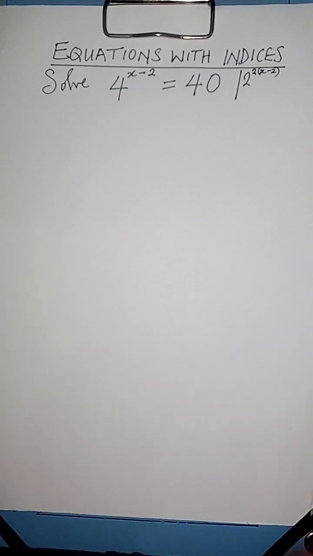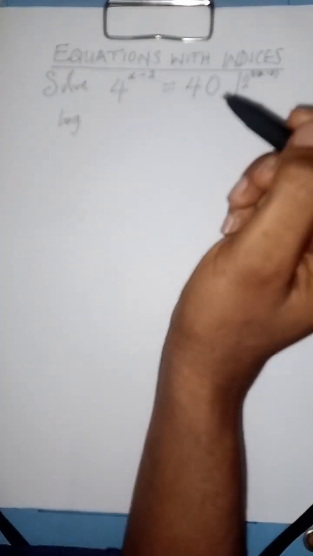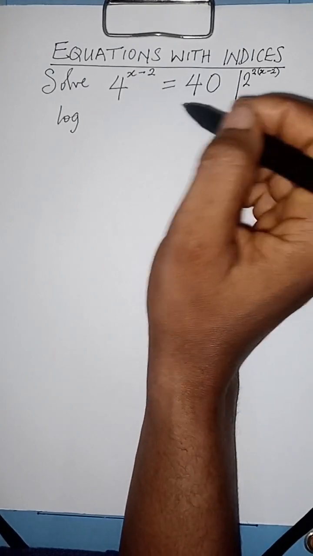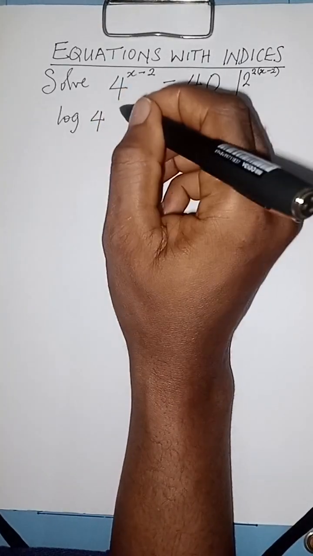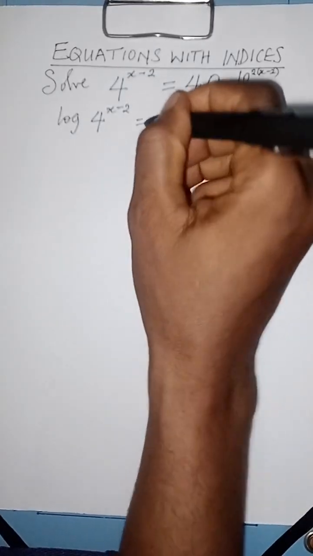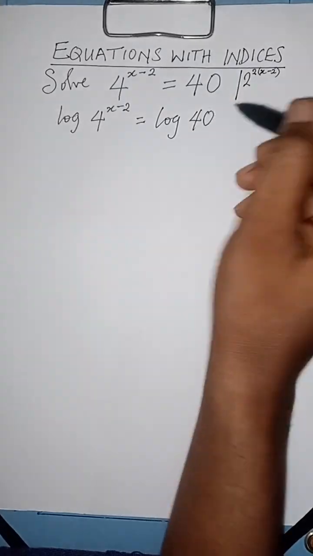The logarithm you're introducing is to base 10. So it's going to be log of 4 raised to the power x minus 2. You also introduce it to the right side of the equation, log 40.